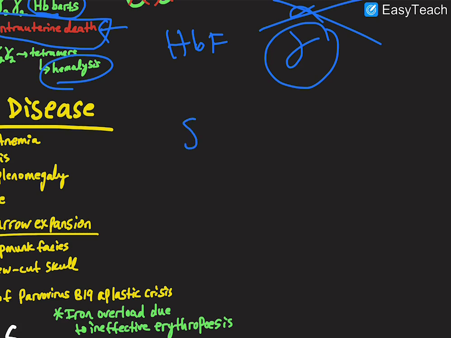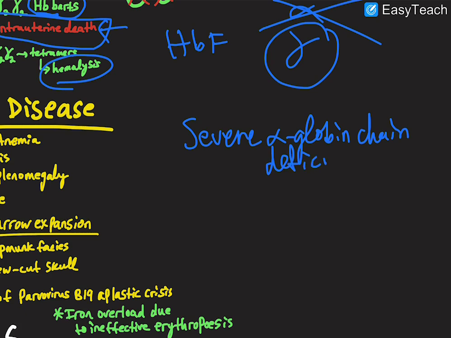So you get a severe alpha globin chain deficiency. And remember, hemoglobin is made up of globin chains. If you have severe deficiency in alpha globin chain production, you're not producing enough globin. And without enough globin, you're not producing enough hemoglobin. And then that's going to lead to severe anemia, okay?